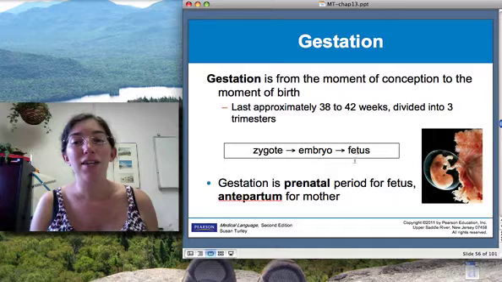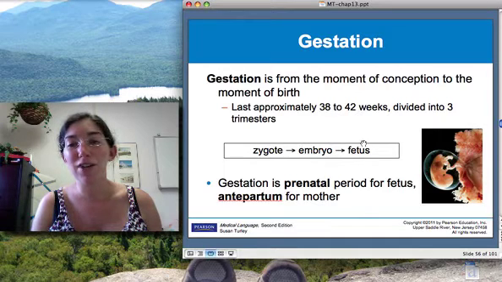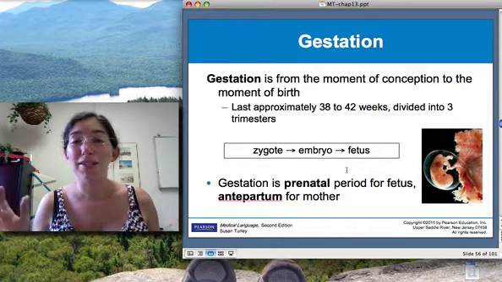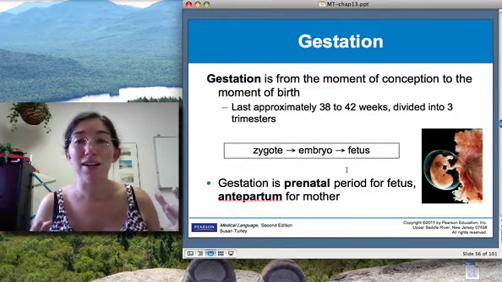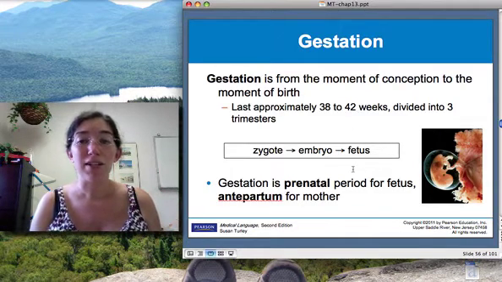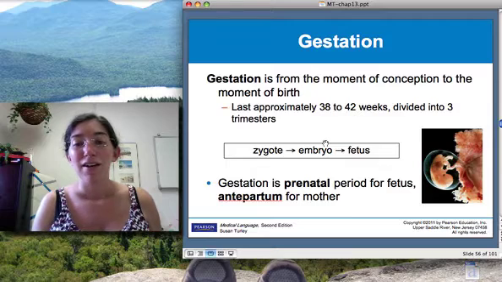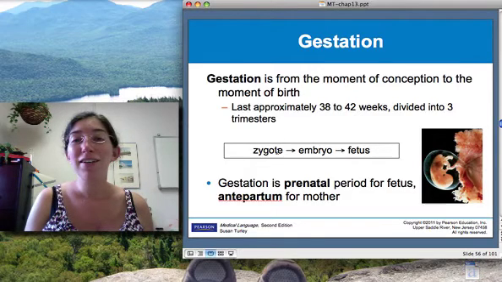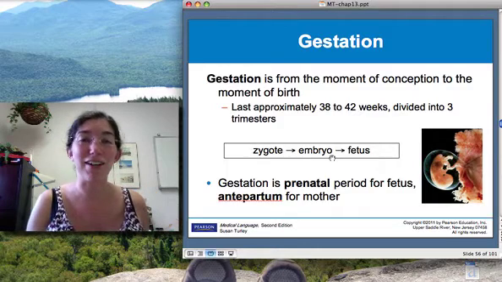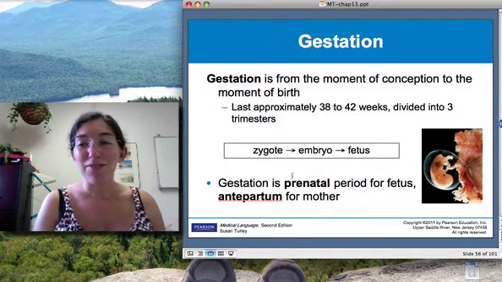And then around 8 or 9 weeks or so, once it actually has most of the basic body parts, limbs and head, and all these things have started to develop, we start referring to it as the fetus. And I don't know if this is medically established or ethically established or what. That's another discussion for another time.